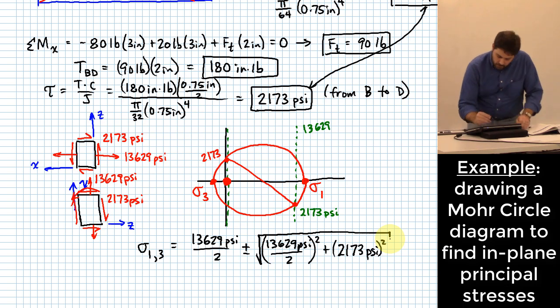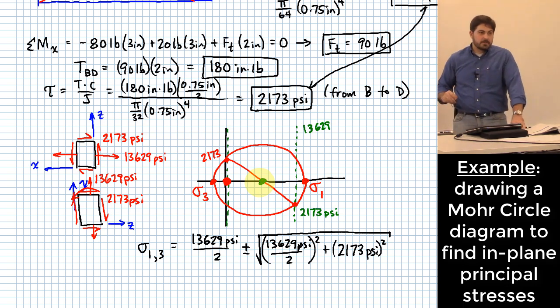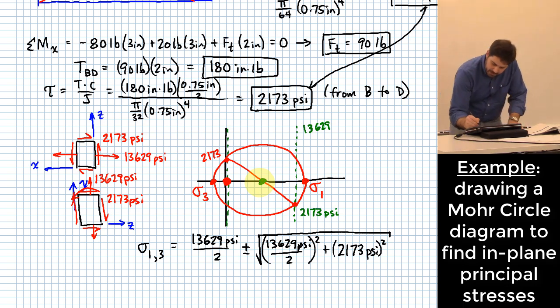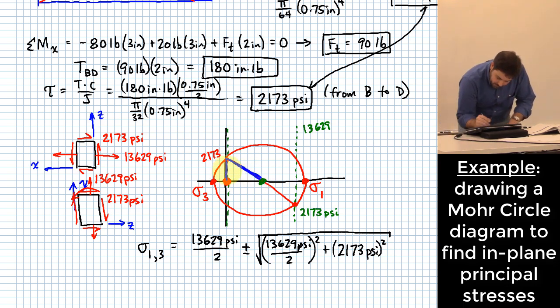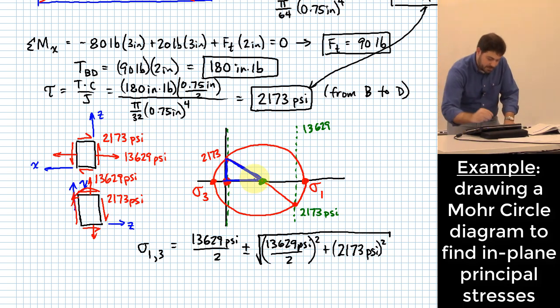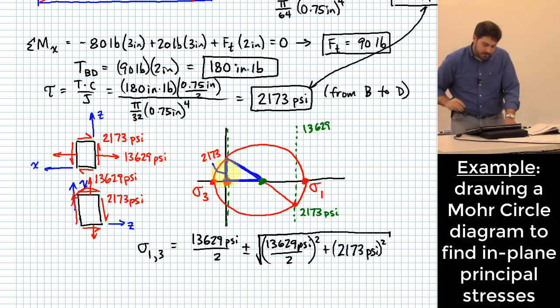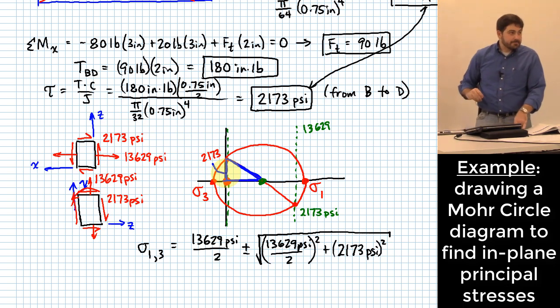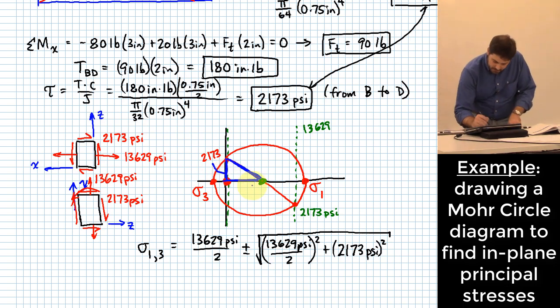What I really am doing is the first term finds the location of the middle of that circle, and the second term is finding the radius of the circle. You can find that radius with the Pythagorean theorem based on a little triangle right there where one side of the triangle is 2173, and the other side of it is half of 13,629.